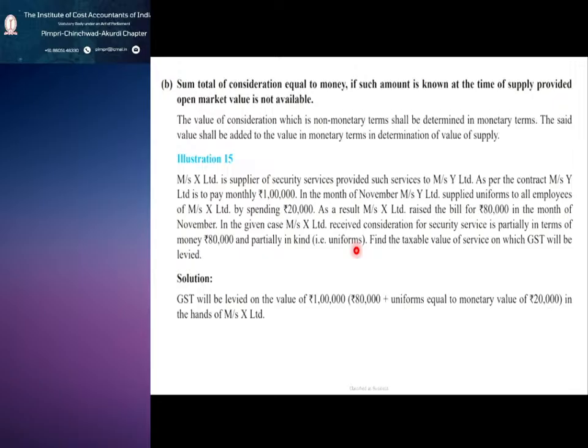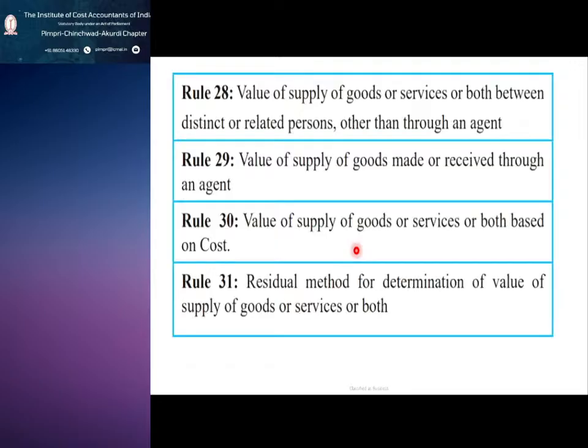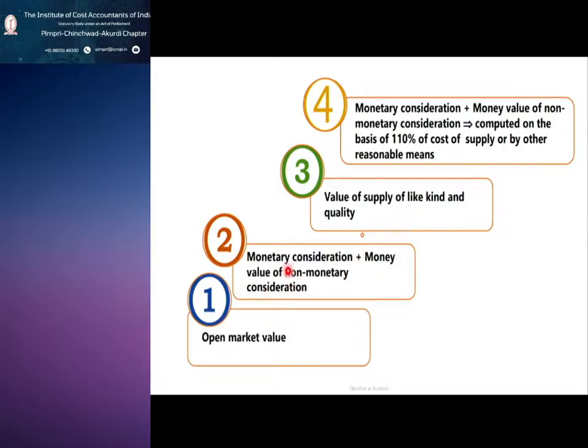It is not on 80,000; it is 80,000 plus 20,000, so on 1 lakh you need to pay GST. So this is in rule 27, monetary consideration plus money value of non-monetary consideration. Even though there is a non-monetary item, the uniform you are giving to the securities, it still has to be considered. Now the third one: value of supply of like kind and quality.